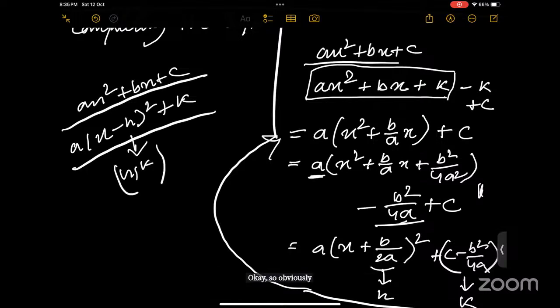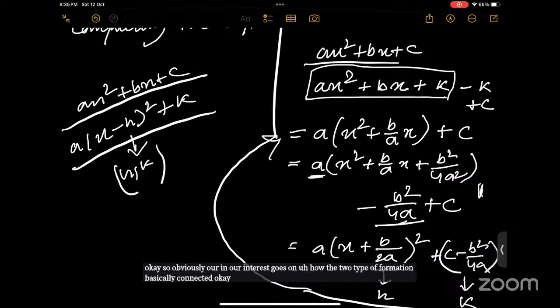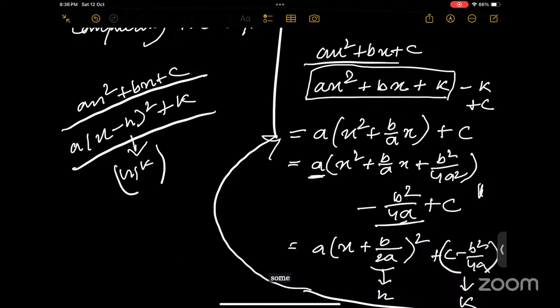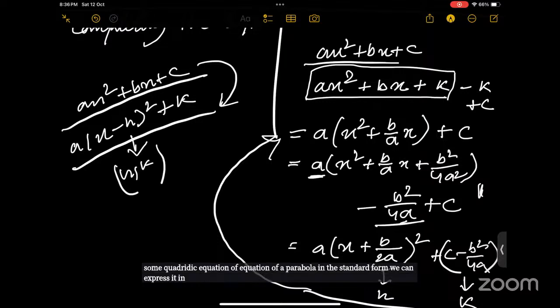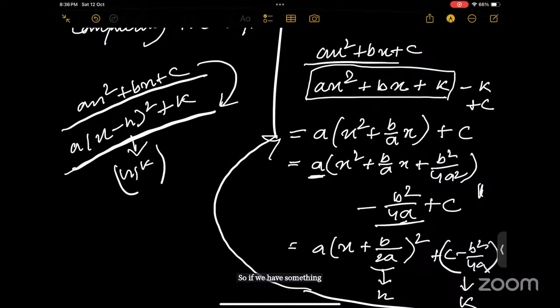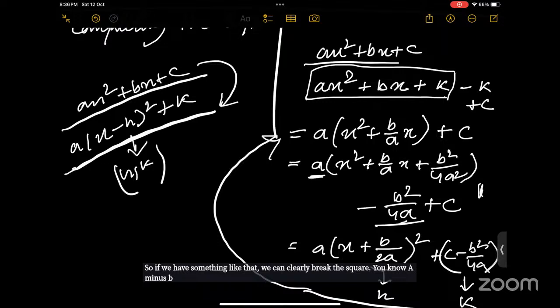Obviously our interest goes to how the two forms are connected. If we have some quadratic equation of a parabola in the standard form, we can express it in this form also, and vice versa. If we have something like that, we can break the square using the (a minus b) whole square formula, then simply calculate and you can express the equation in the standard form. And how to do the reverse thing?